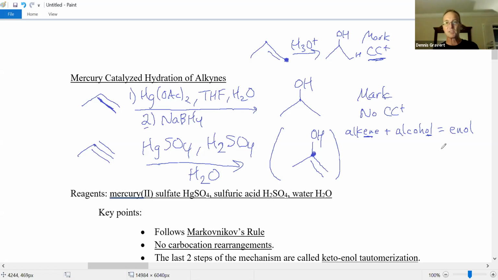Nature, she makes the rules. In fact, there are some enols that are stable. We'll see them next semester. But here in the first semester, if you're reacting with the triple bond, all of the enols that you'll see in this section of organic chemistry will be unstable, and that's not your final product. You have to rearrange this. So you need this pi bond to go to the oxygen.